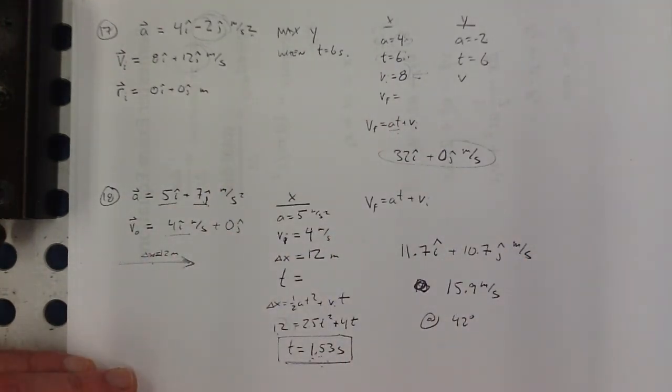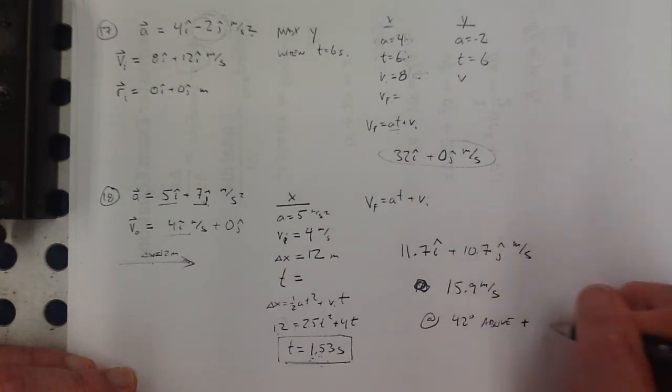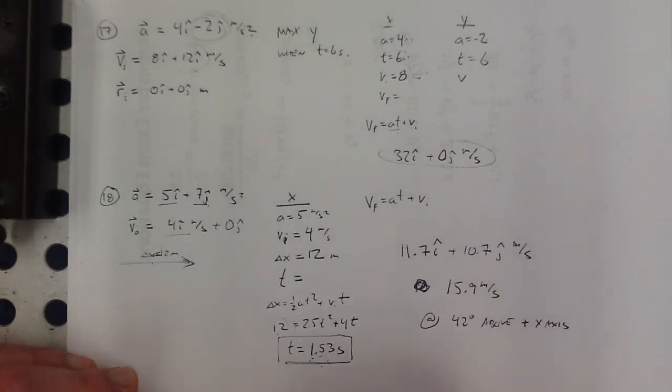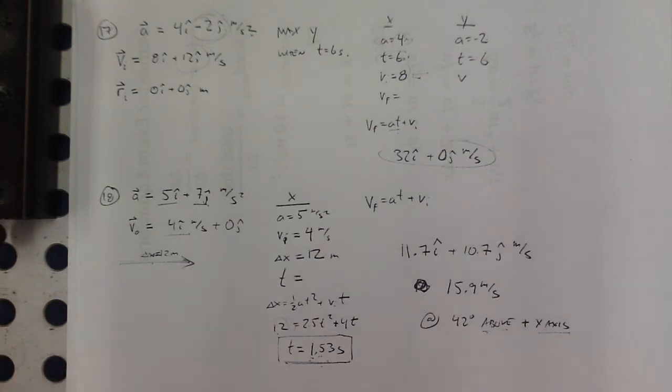So I'm just going to report the direction as above the positive x-axis. Right? That's like north of east. That's the xy axis version of north of east. But I can't say north, south, east, west here. That would be wrong because there's no mention of those cardinal directions in this problem. And that's it. That was fun.